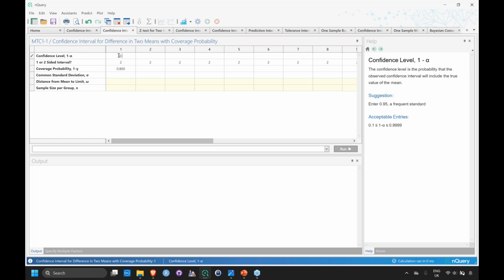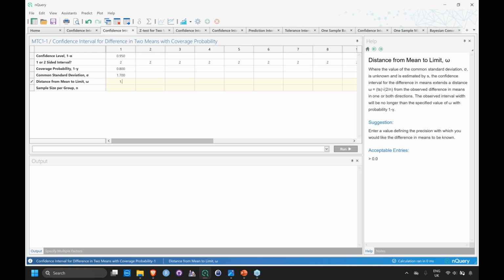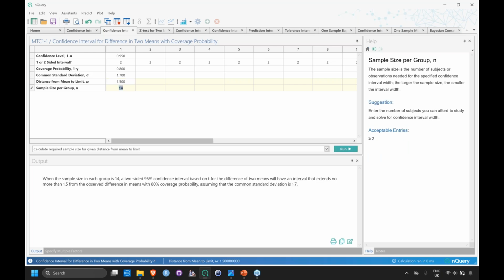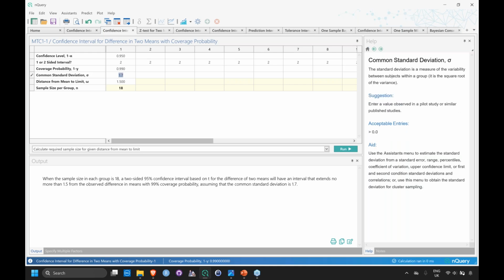So it's 95% confidence, two-sided, a standard deviation of 1.7, and a half-width of 1.5. And now we get a slight increase of 14 per group. So that's the requirement to achieve this increased coverage probability. If, say, we upped the coverage to 99%, you see the sample size per group would rise again to 18 per group, excuse me.